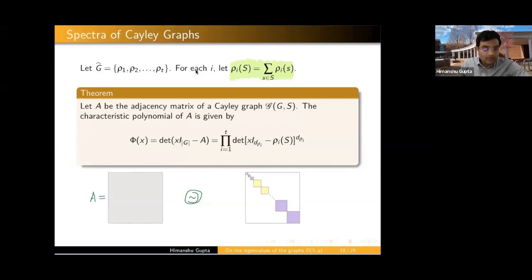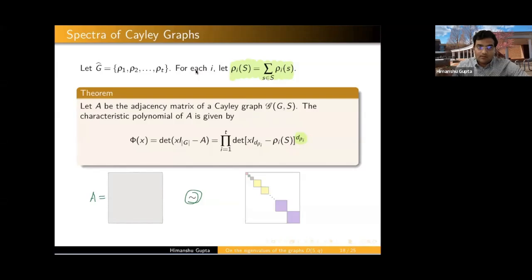So this theorem says that if I have the adjacency matrix of the Cayley graph, then its characteristic polynomial is basically the product of the characteristic polynomials of these block matrices. That is this one. And this power d rho i just means that each block is repeating d rho i times.